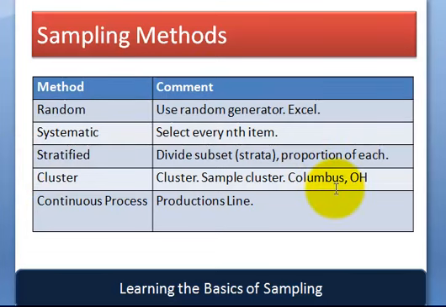Columbus, Ohio happens to be a very famous test market because I can try my burger in that single cluster, and I know that cluster is very representative of the United States as a whole. The final type that we talk about is continuous process. This is on production lines where I'm taking a sample off of the production line to make sure that batch or that production run is at the quality level I may desire. So those are the different sampling techniques.